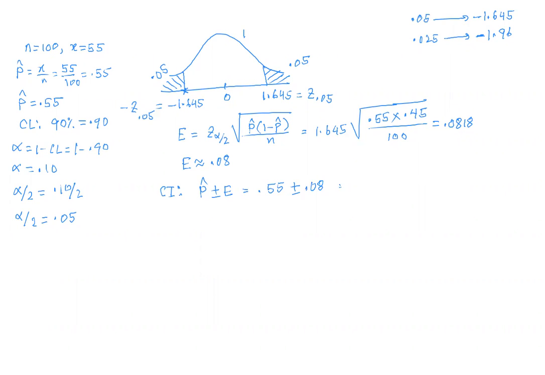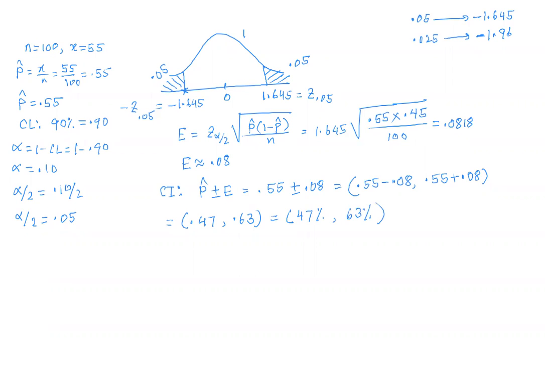That is to say, 0.55 minus 0.08, comma, 0.55 plus 0.08. And that is going to be 0.47, comma, 0.63. That is going to be between 47% and 63%.